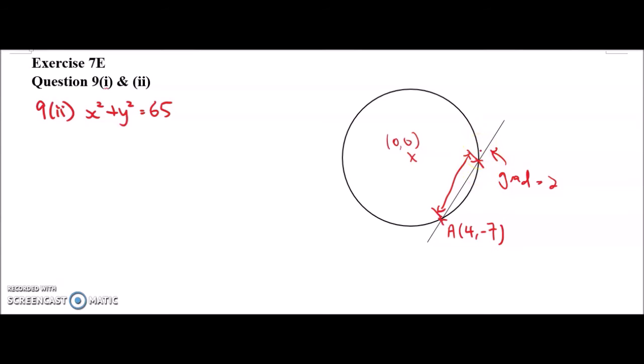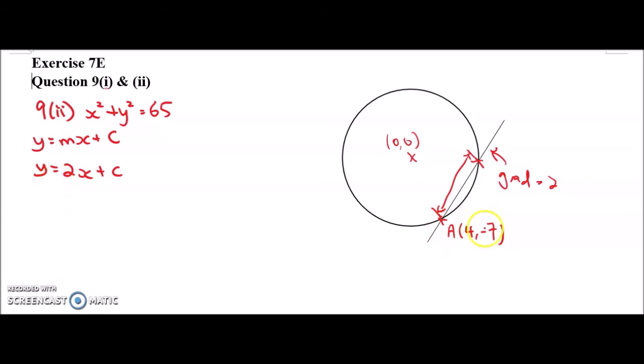In order to find the point of intersection, one way is to make use of the equation of this chord, the equation of a straight line, together with the equation of the circle to get the second coordinate of intersection. The straight line is y equals mx plus c, and we know m equals 2.